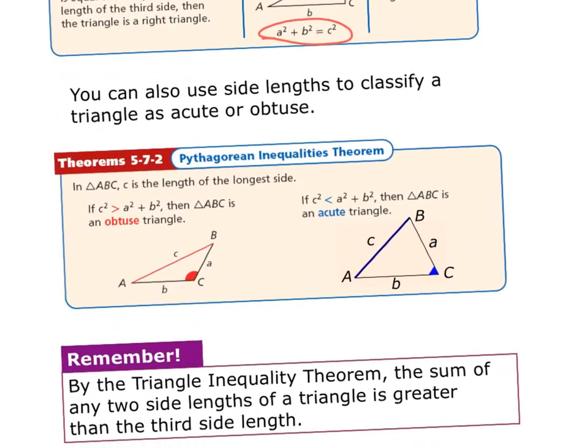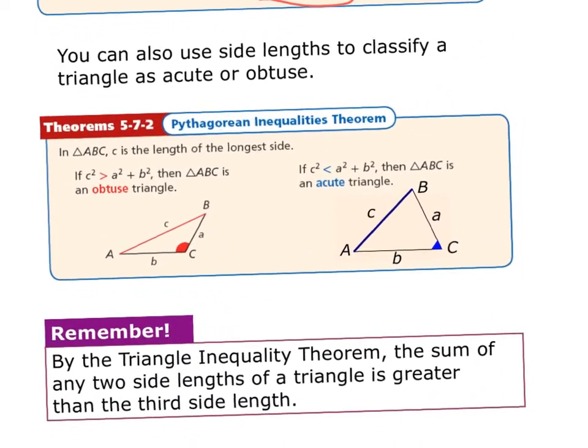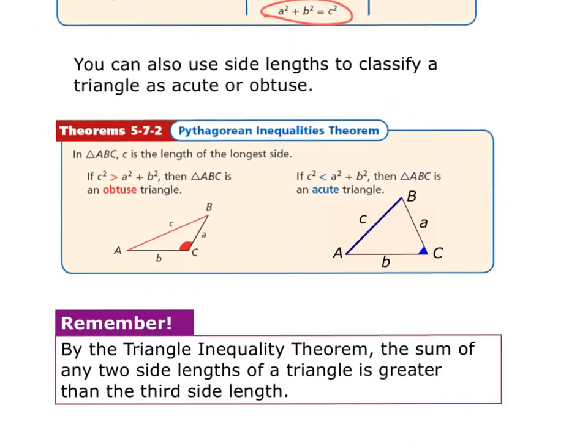The Pythagorean inequality theorem also says that you can identify if the triangle is not only right, but obtuse or acute. So if instead of the c squared being equal to the a squared plus the b squared, the c squared is bigger than the a squared plus b squared, then I know the triangle is obtuse. If the c squared is less than a squared plus b squared, then I know the triangle is acute.